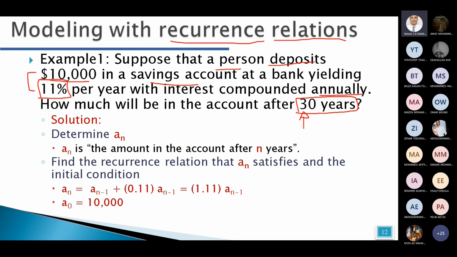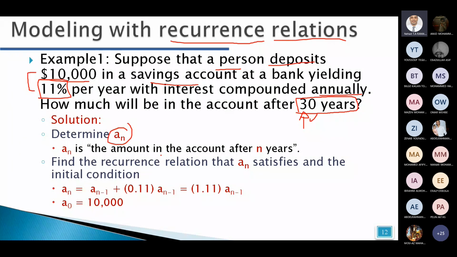Then from the general term, you can find the account value after 30 years. So we need to get AN, which is the general solution for the recurrence relation.